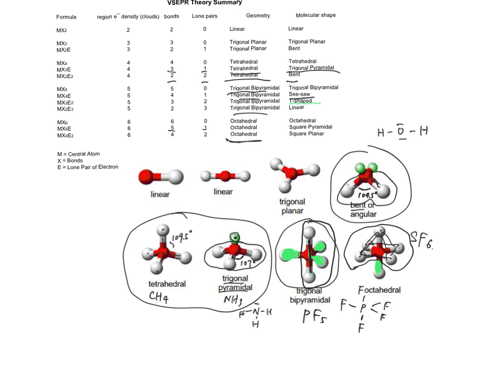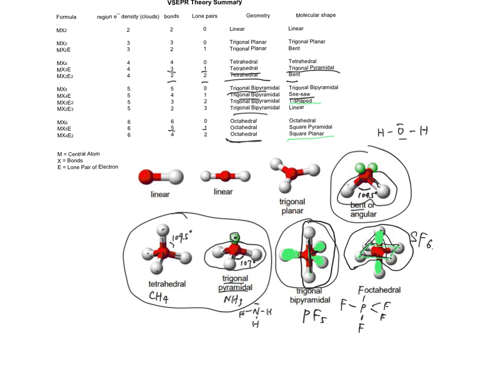If you have another lone pair, that lone pair would occupy the opposite position of your first lone pair, and what you got left would be a square planar. So all these shapes are explained here.